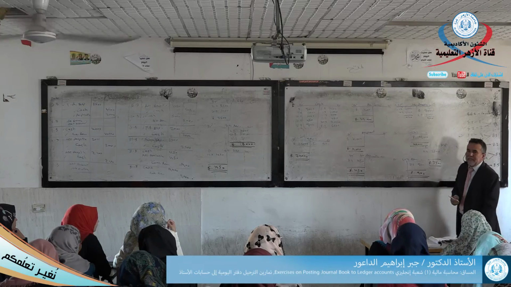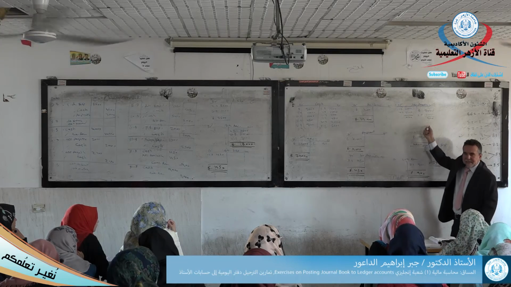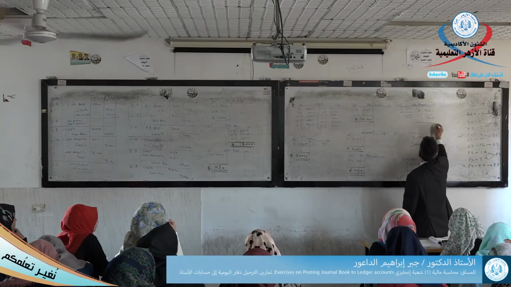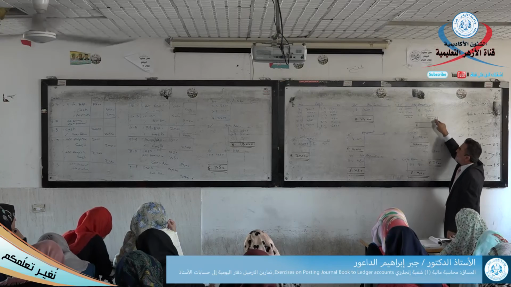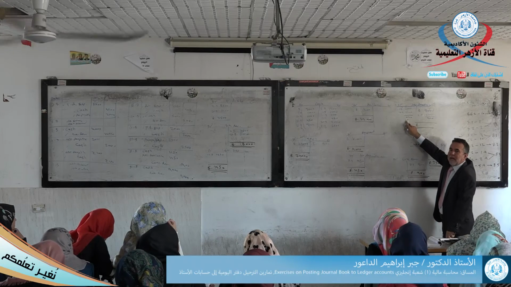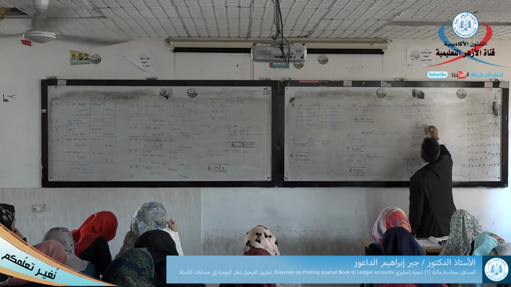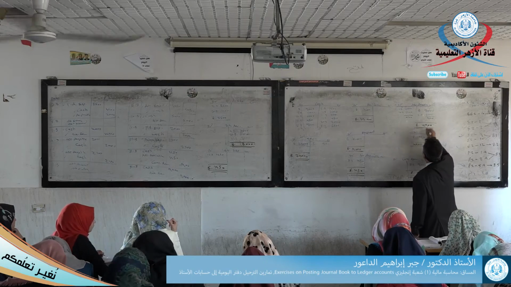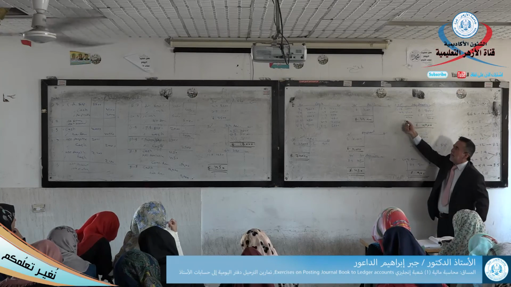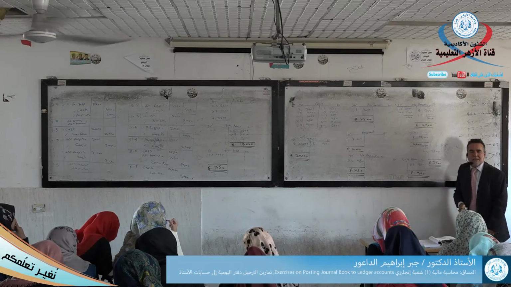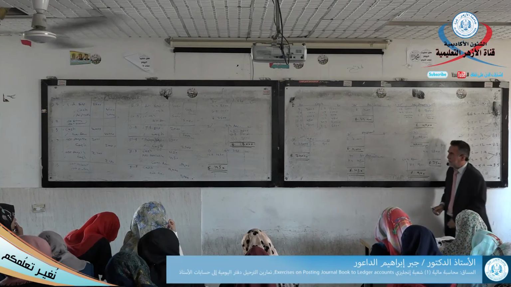So the balance, will it be credit side or debit side? Credit side. 9,000 minus 4,100, so the balance will be 4,900.